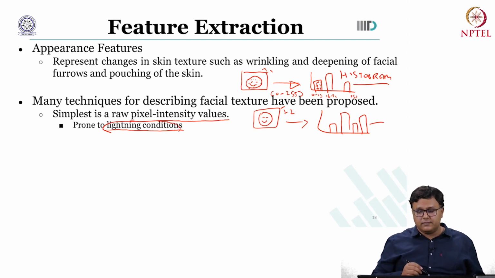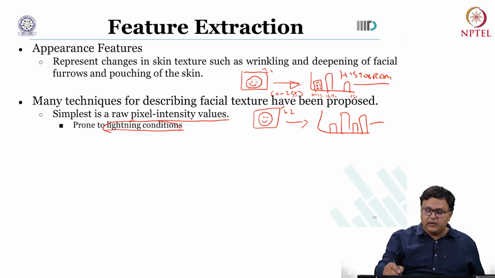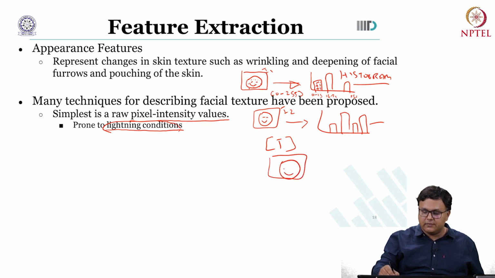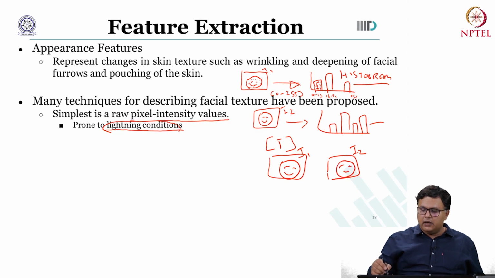Another issue is when you have effects such as translation. What that means is, in frame 1 you had your face, and in frame 2 the same person moved a bit, let's say by a few pixels. Now the expression remained the same.